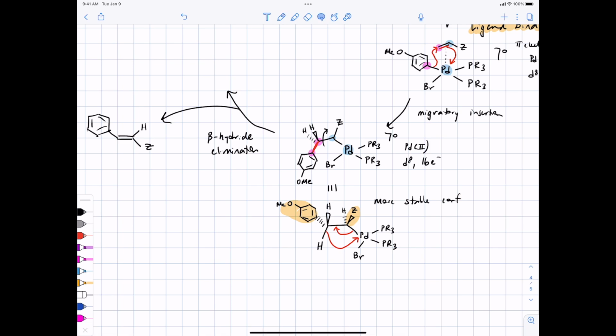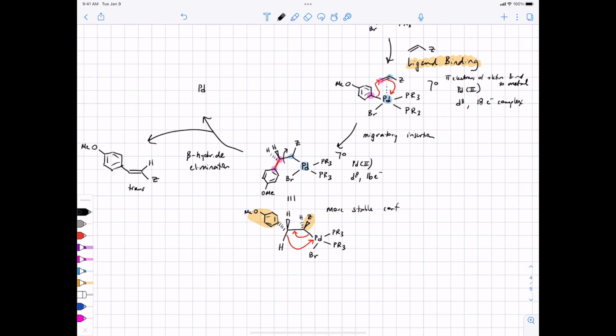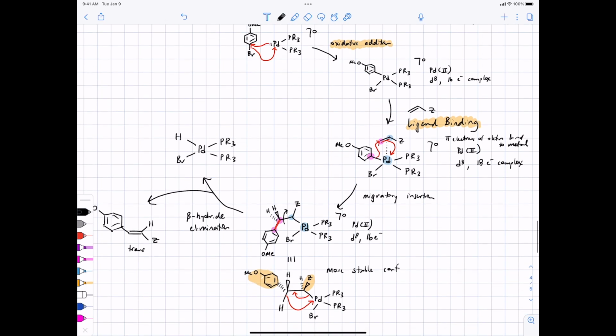After that beta hydride elimination, we're still palladium 2. Only now we've got H and Br attached to the palladium. We need basically a reductive elimination step.